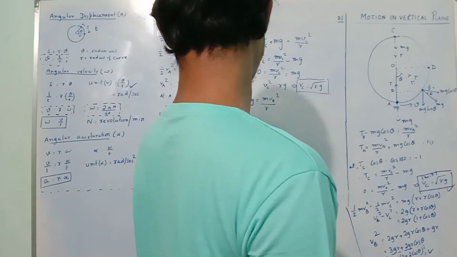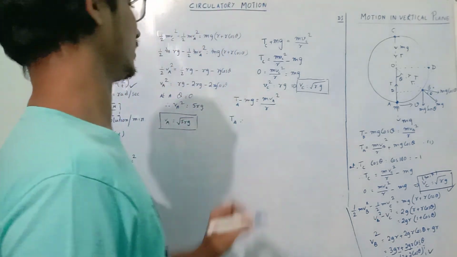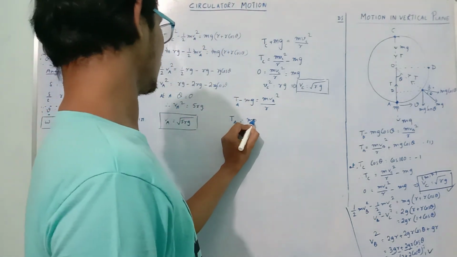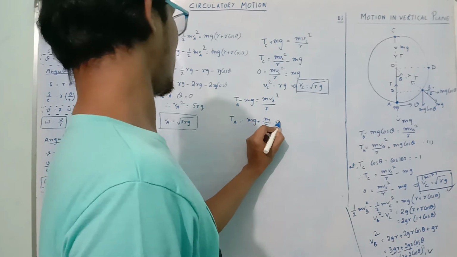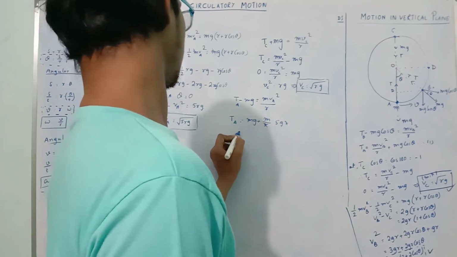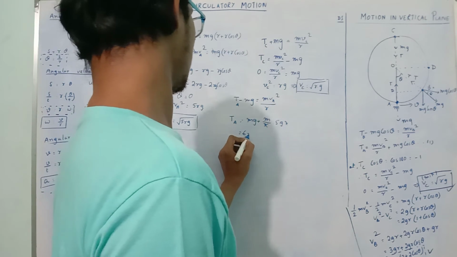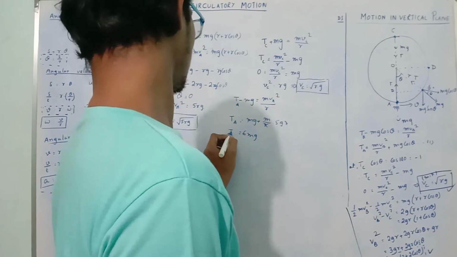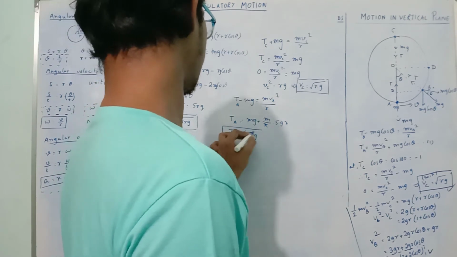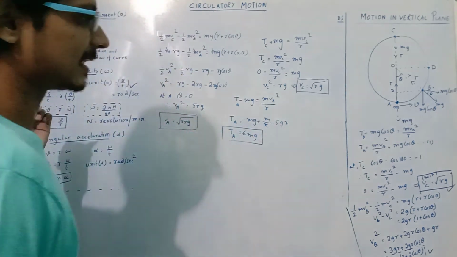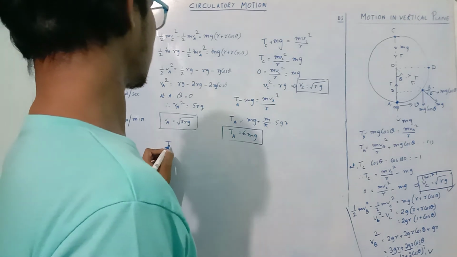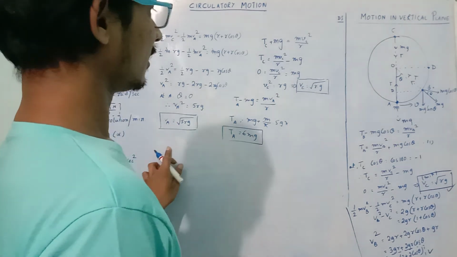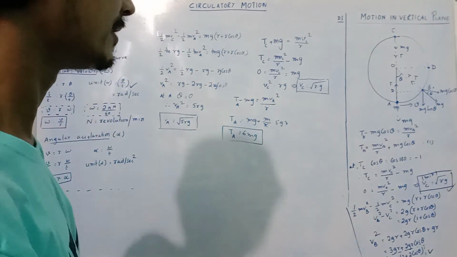So T at A will become mg plus m by r into 5gr, which is 6 mg. Tension at A is equal to 6 mg. And what will be the tension at C? Tension at C is 0.